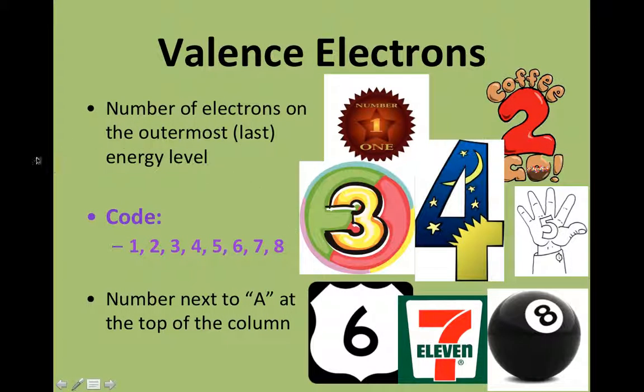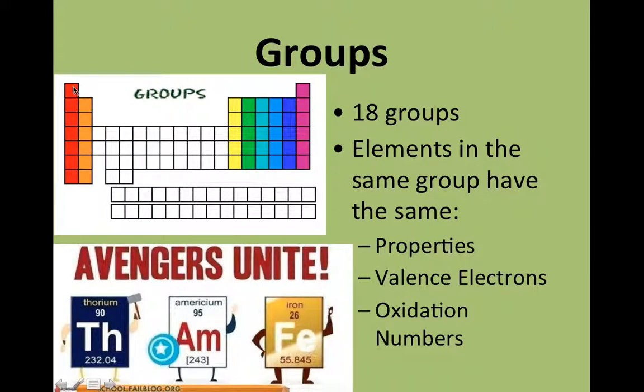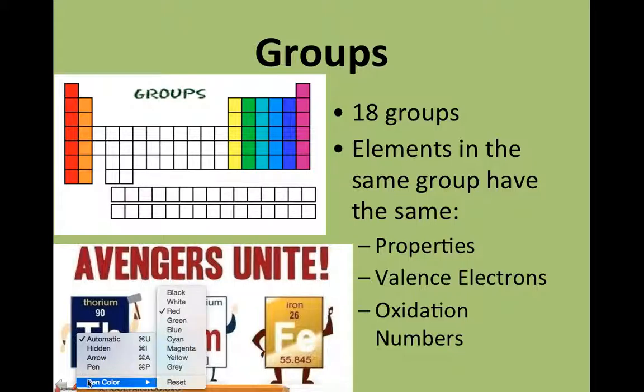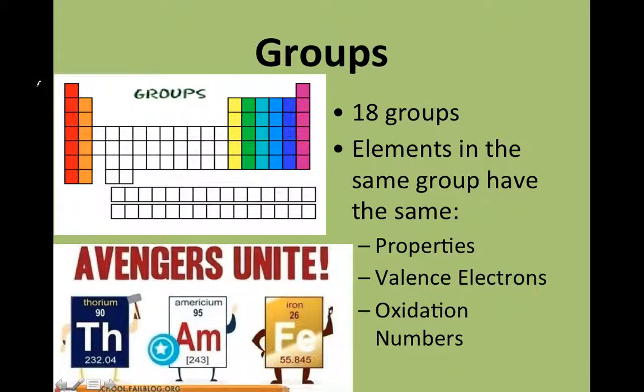Okay. Now, a valence electron, as I said, is the number of electrons found in the outermost energy level. And if I were to go back to this column and label it, we're basically going to work with just the ones in color. This one is 1. This one would be 2. The one in yellow is 3. This one is 4. This one's 5, 6, 7, and then this one's 8.